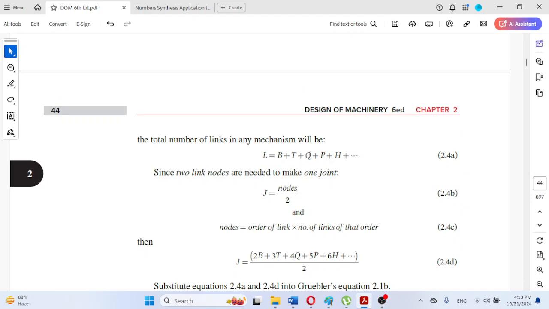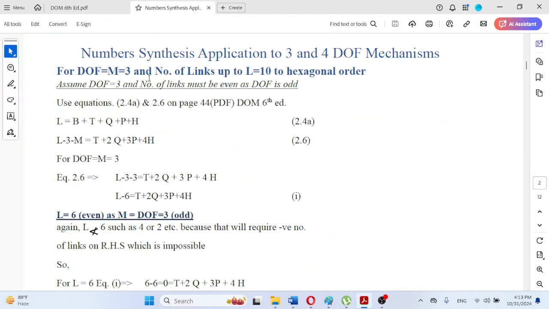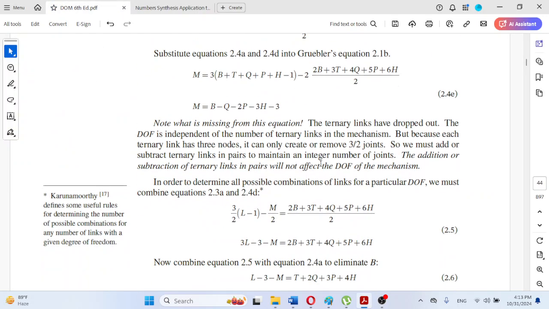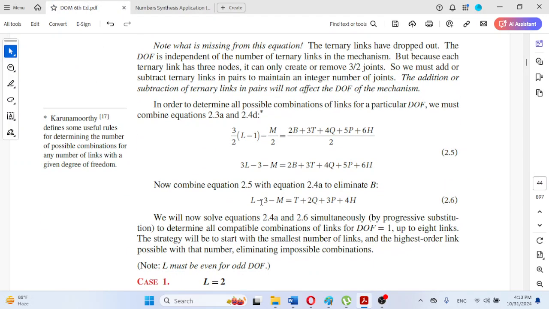Norton. So this is the first equation, and the other equation is L minus 3 minus M equals T plus 2Q plus 3P plus 4H, which is equation 2.6.